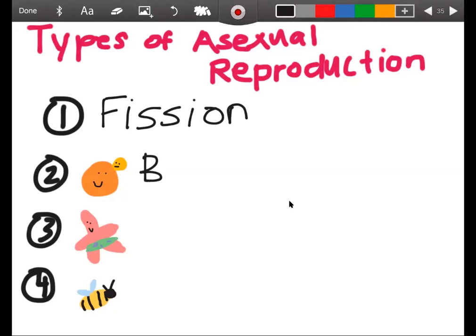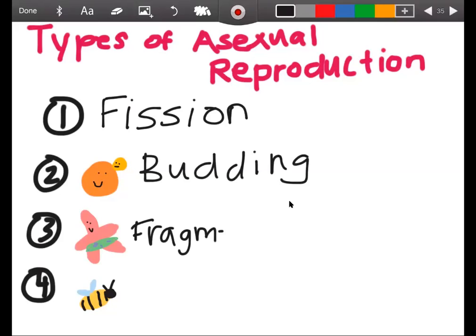And then we have budding. This is when a bud from the original organism forms, and the bud is much smaller, and it eventually grows into a new adult. Then we have fragmentation. The example provided was with starfish, so I drew a little Patrick Star.